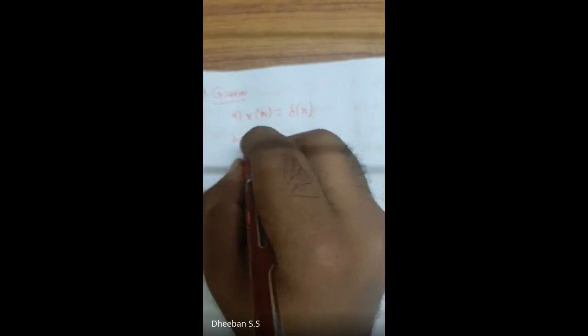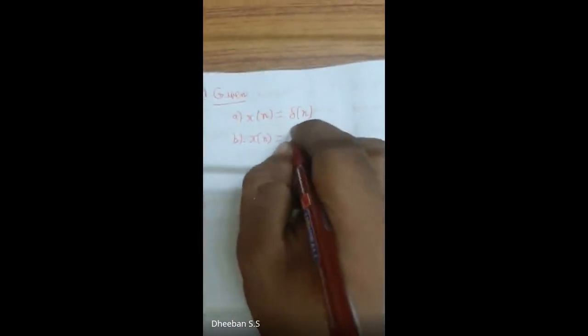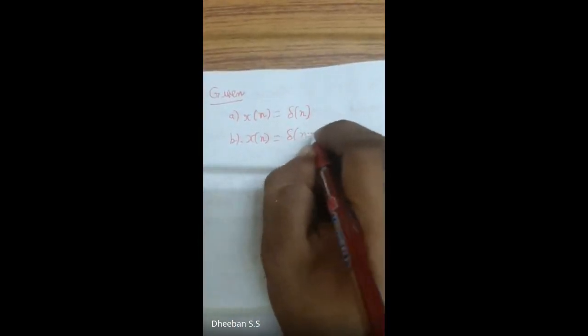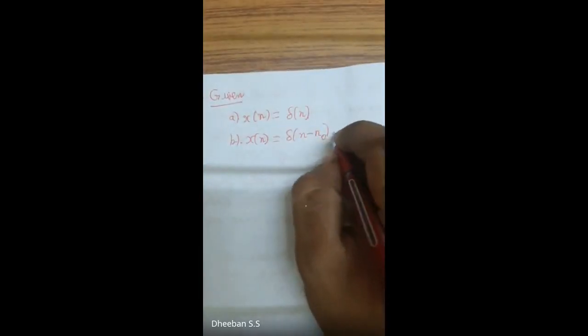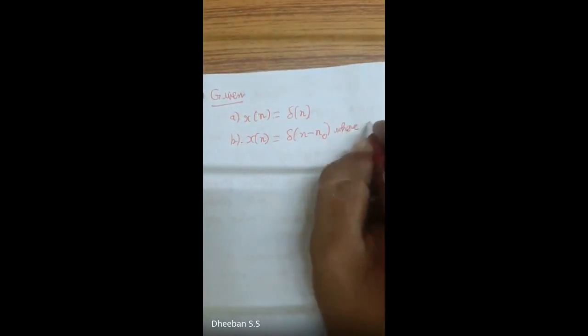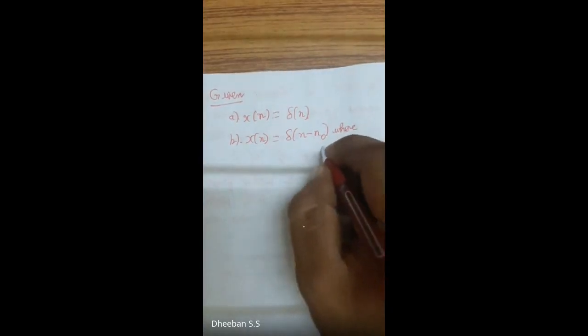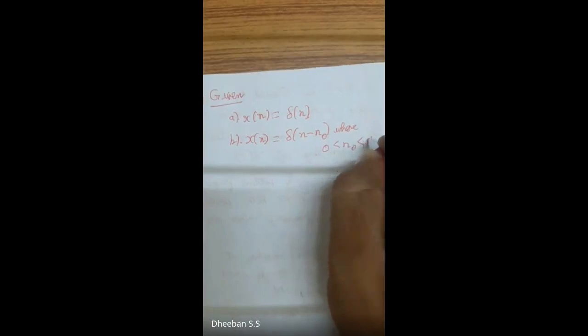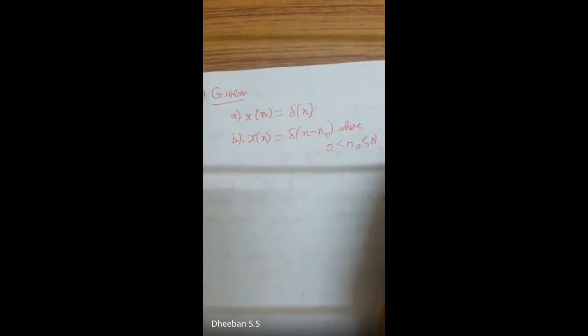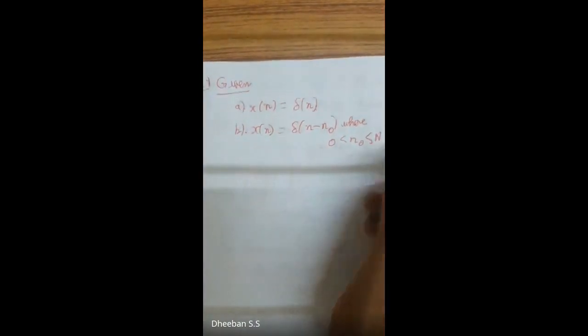B: x of n is given as delta n minus n naught, which is just shifted, where you have to define n naught: 0 less than n naught less than N, which is less than the number of samples.